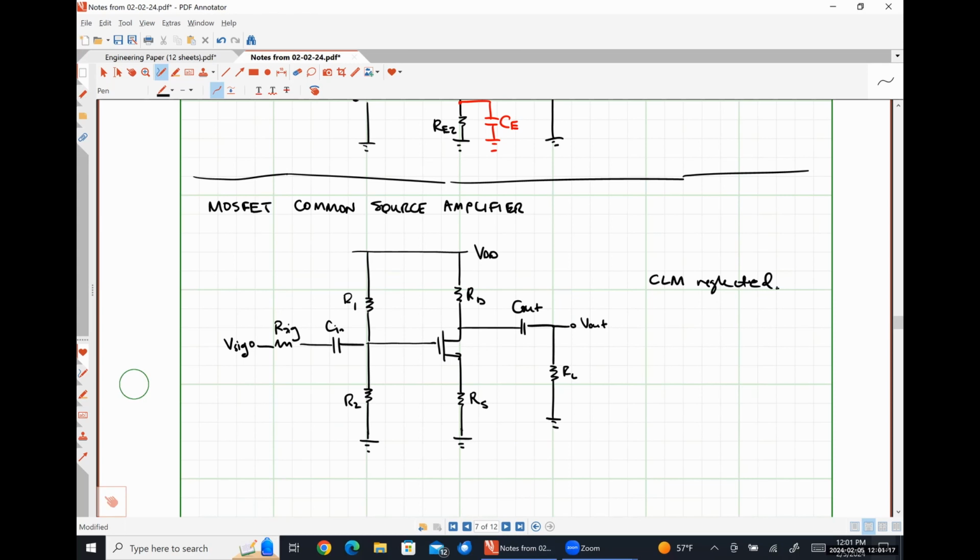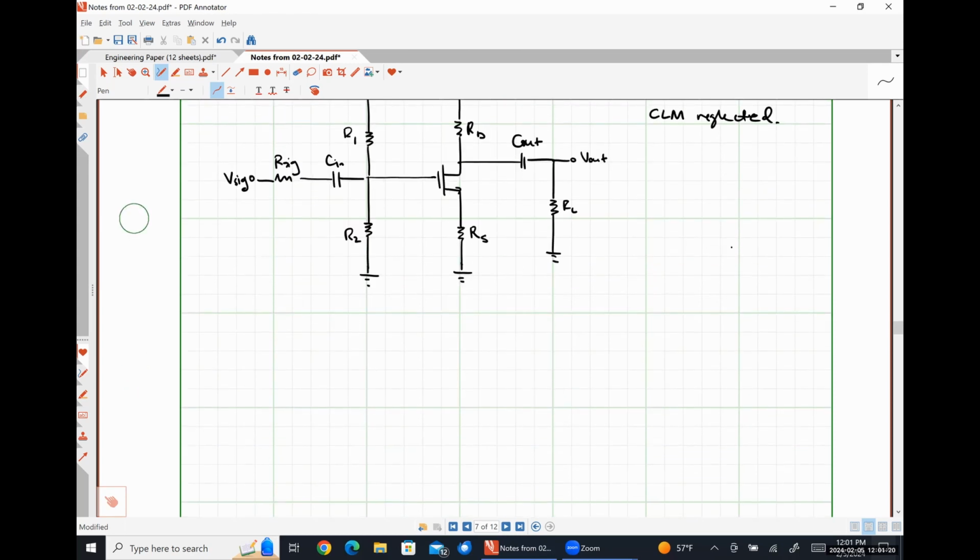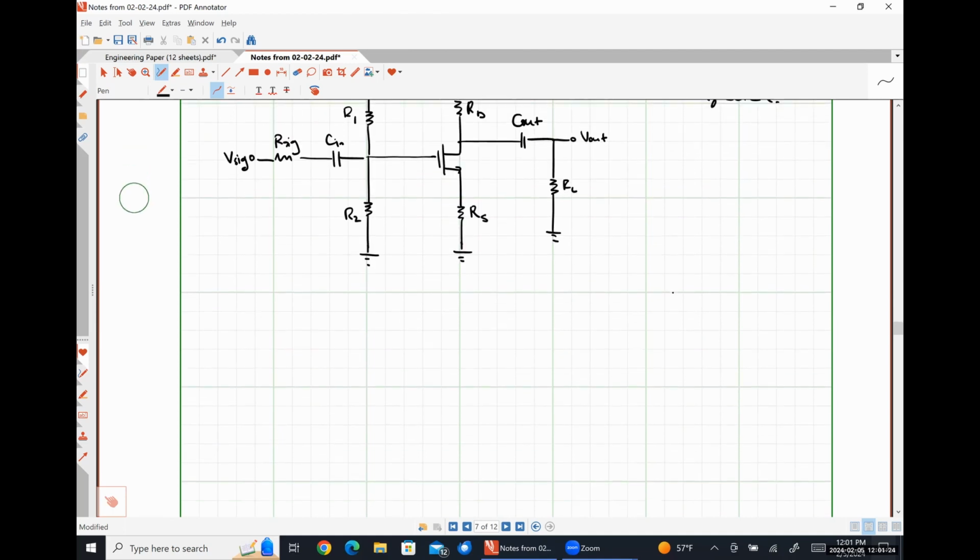Okay. So from a small signal model perspective, I'm going to have my signal source, RSig, R1 in parallel with R2.